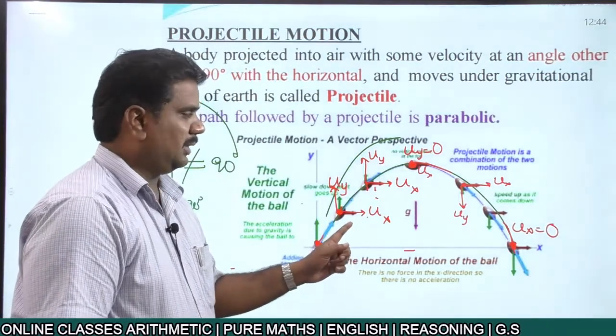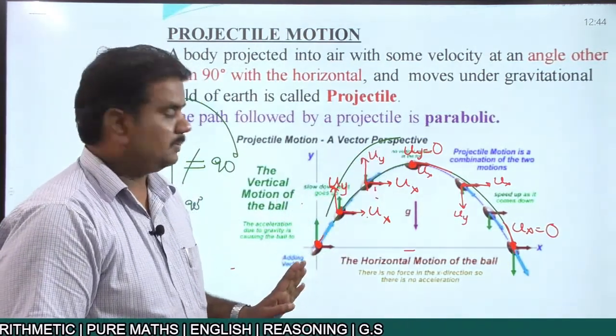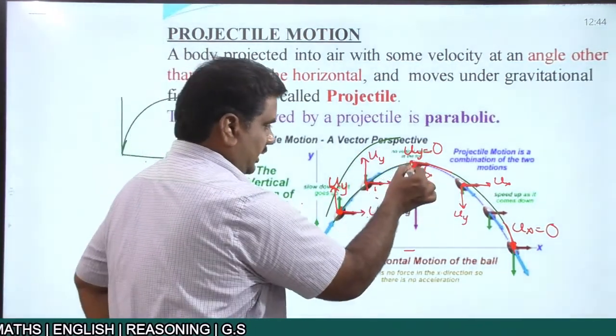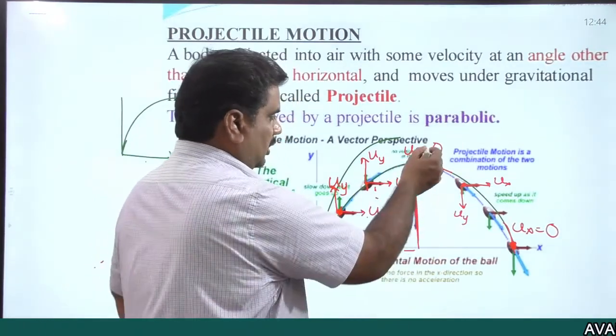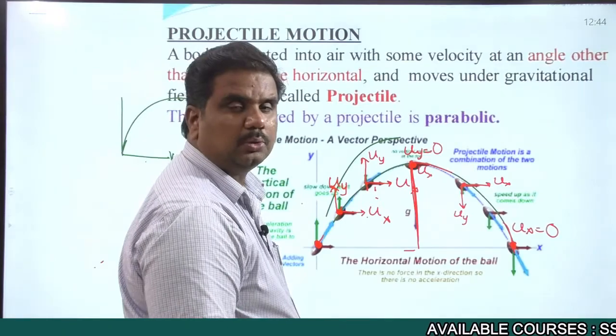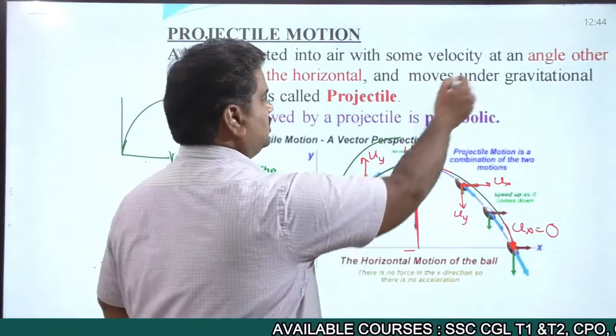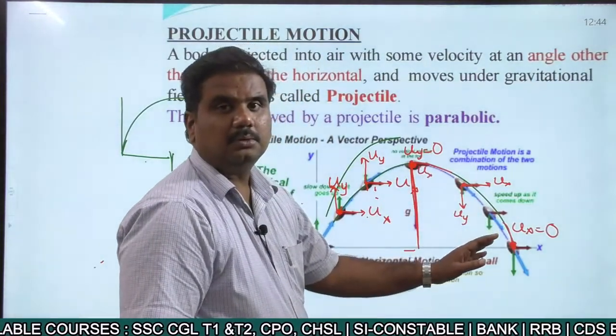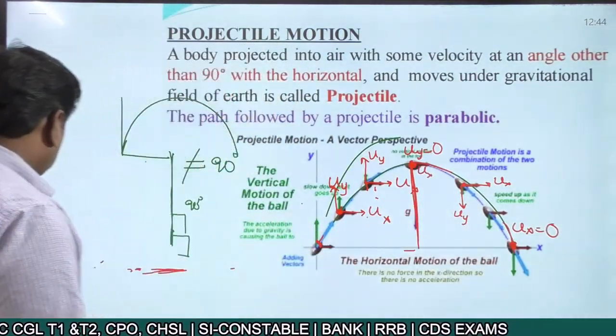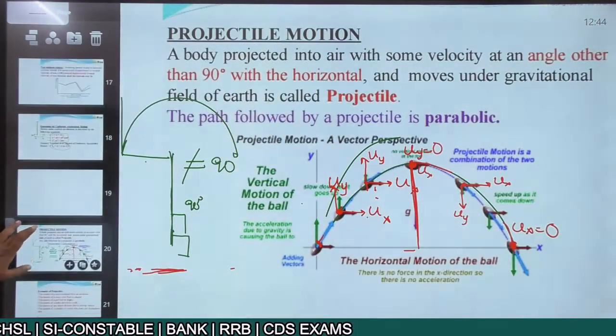One is horizontal, the other one is vertical velocity. At the maximum point, at this particular point, the vertical component will be equal to 0. That is the reason why the object is not rising up any further, but it is moving under gravity. Right? So this is about projectiles.